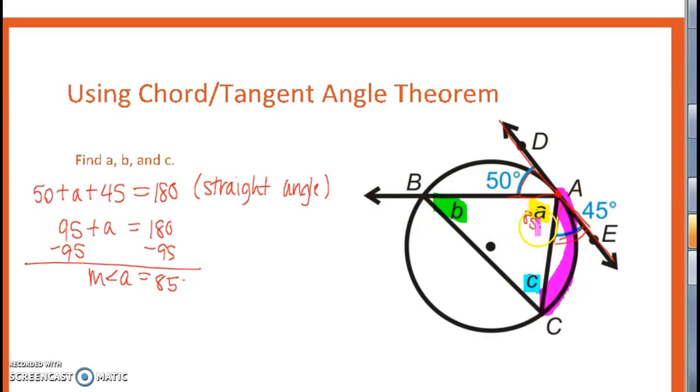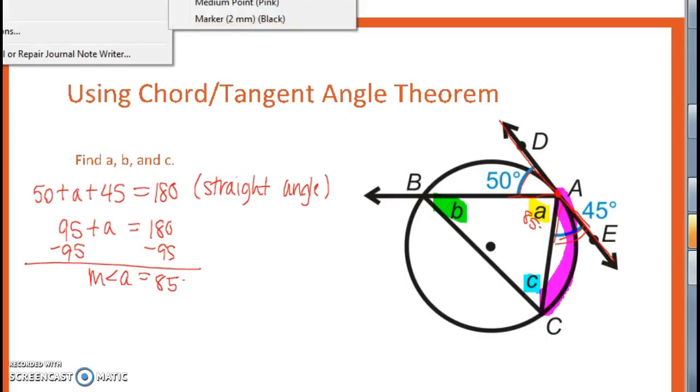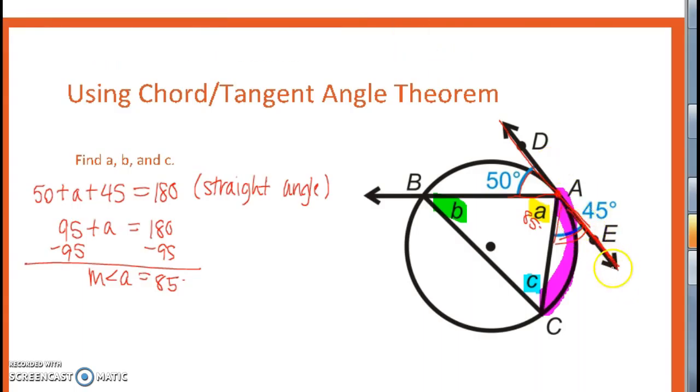Now to find the measure of this purple arc, I want to note that I can look at this angle right here, angle EAC, because that has a vertex on the angle. It's formed by a tangent and a secant. And I can use the chord tangent angle theorem here to find the measure of this purple arc.